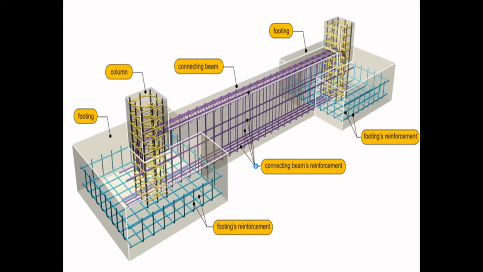This is the actual image of strap footing. You can see in this image there is the footing reinforcement. There is a footing, this is column, there is a strap, a connecting beam or a lever, and connecting beam reinforcement. Then another footing reinforcement and footing.